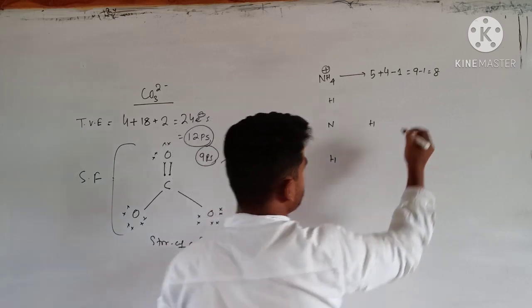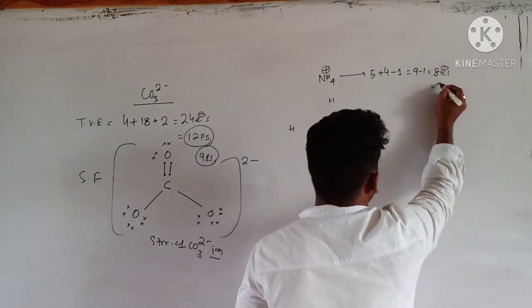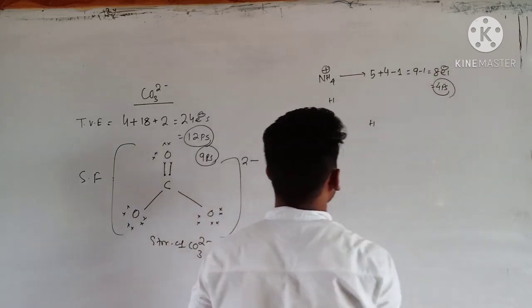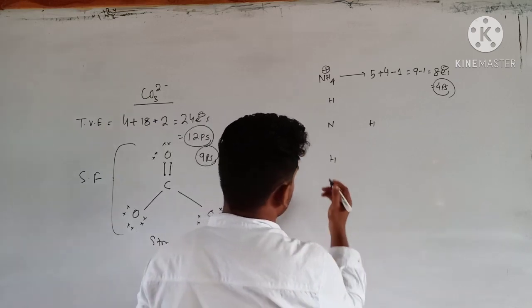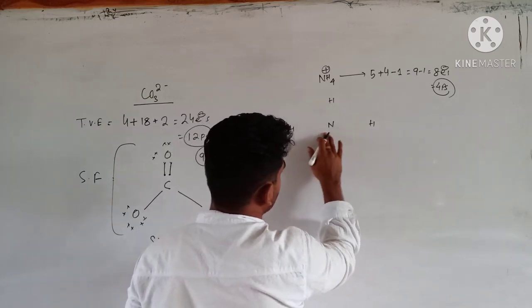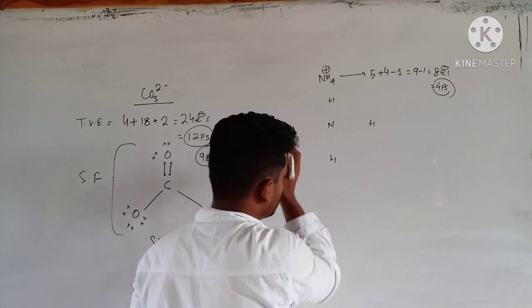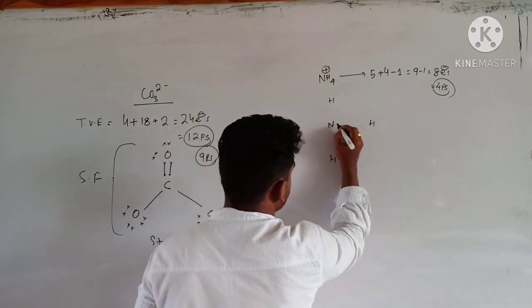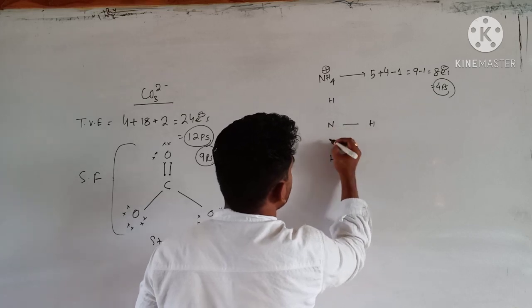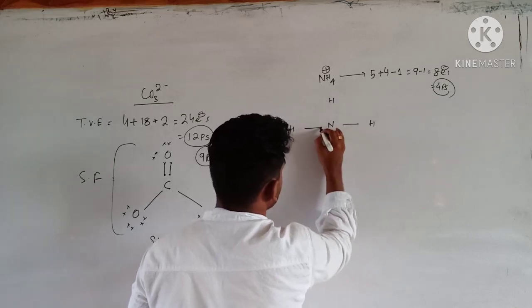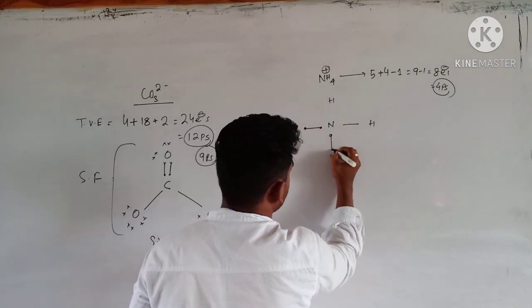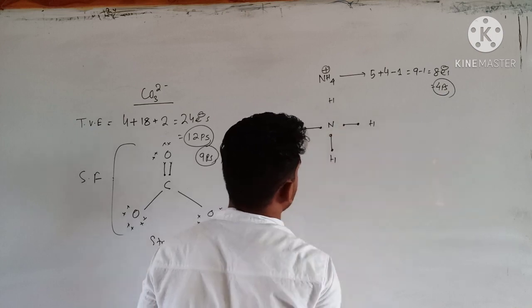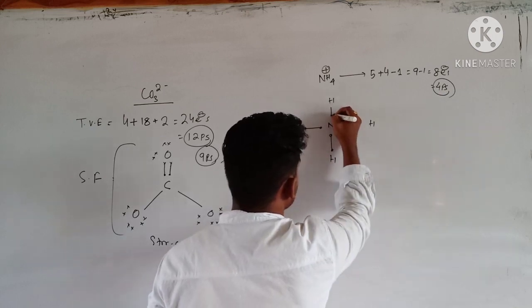Okay, 8 electrons means how many pairs? 4 pairs you have to use over here. So compulsorily, you connect these 4 pairs around the nitrogen atom. Okay, so nitrogen having 5 valence electrons, you can connect one pair of electrons, one pair, one pair. These are 3 pairs, and you can mention a 4th pair of electrons over here.